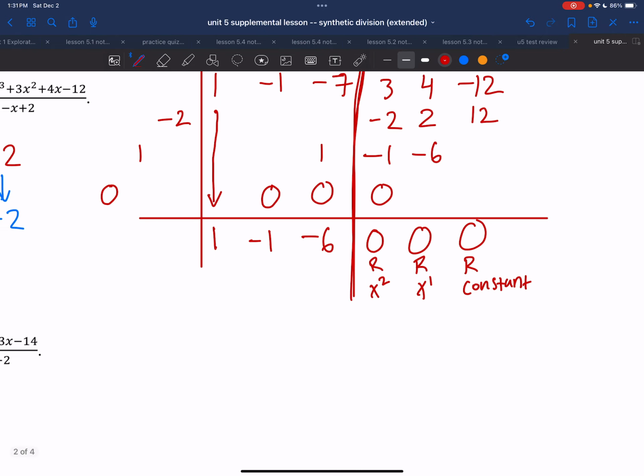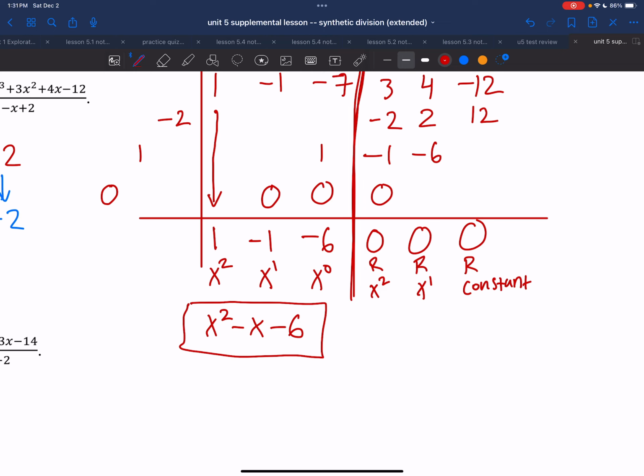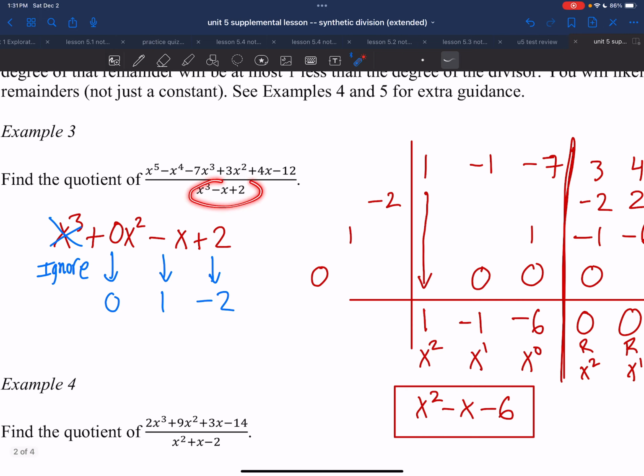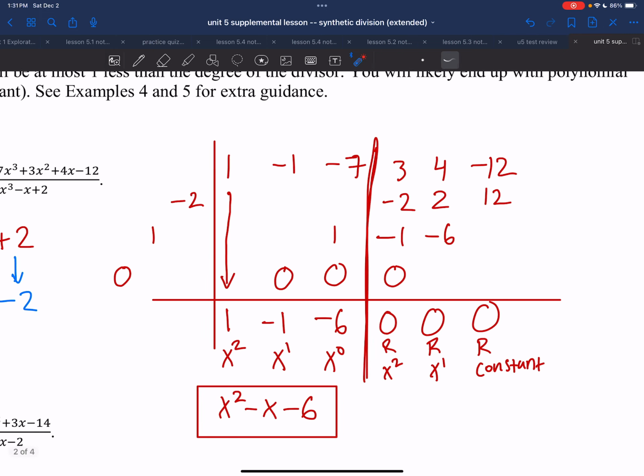On the other side, it's our typical x to the 0, x to the 1, x squared. So with no remainder, I have x squared minus x minus 6. And that tells me that that cubic polynomial was in fact a divisor of this. It divided evenly, and this was the quotient.